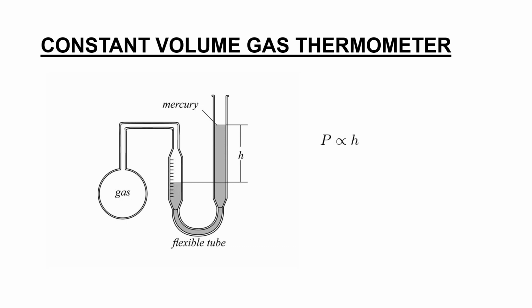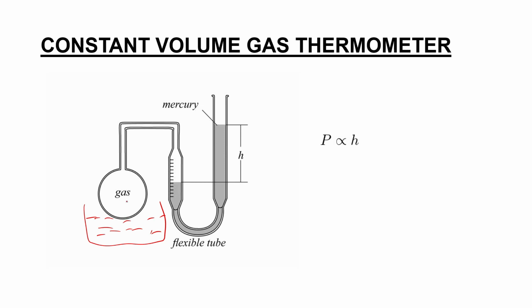Now, let us see a constant volume gas thermometer. This is another equipment we usually use to measure the temperature. In a constant volume gas thermometer, you can see the gas is trapped here. Its volume is kept constant. This gas is kept in an area where you want to measure the temperature.